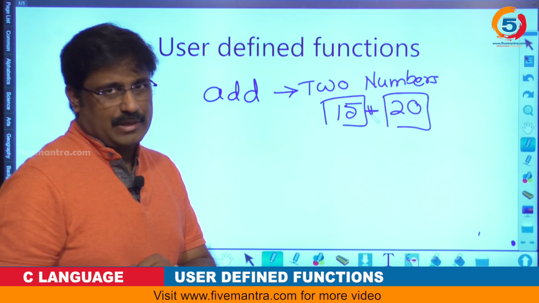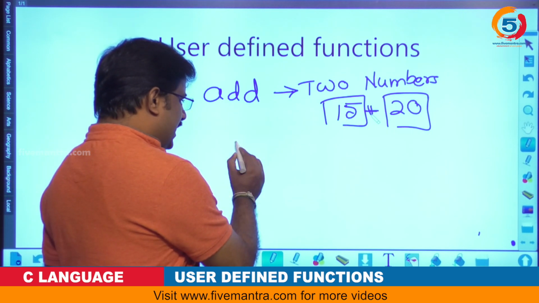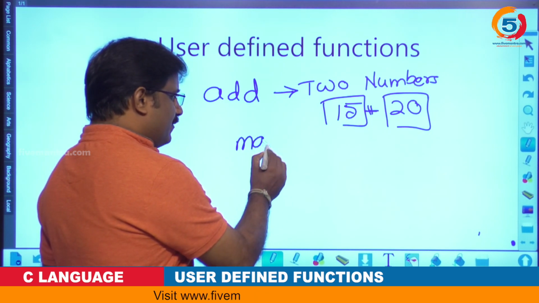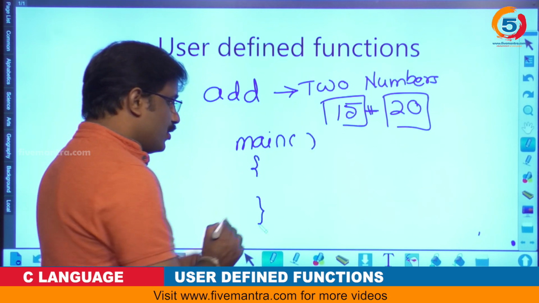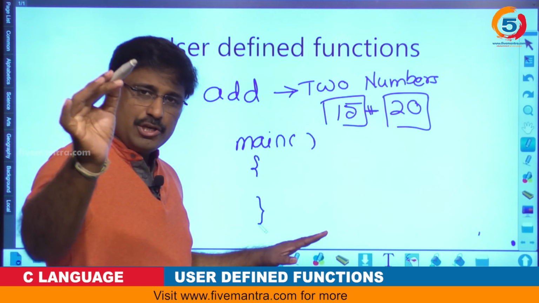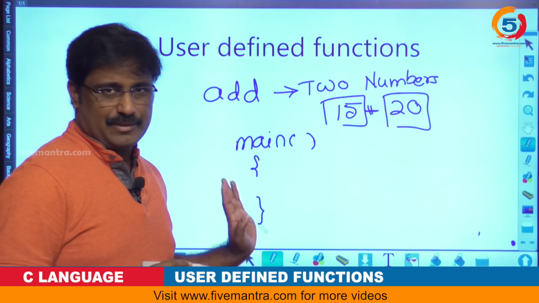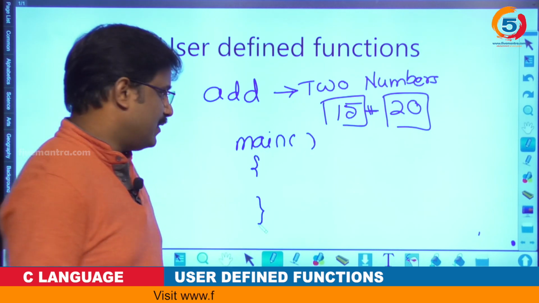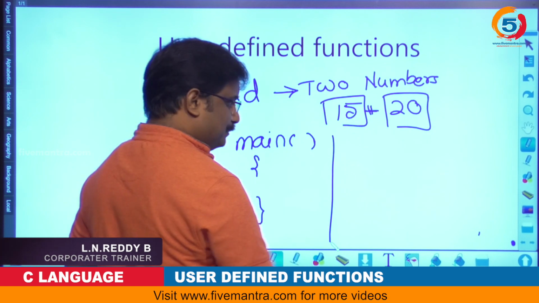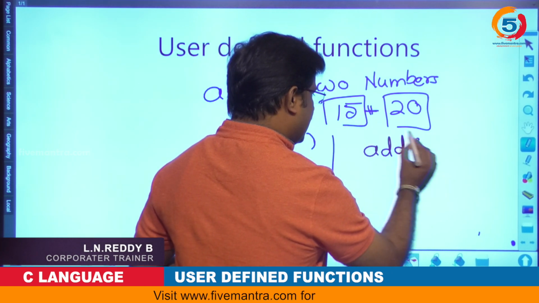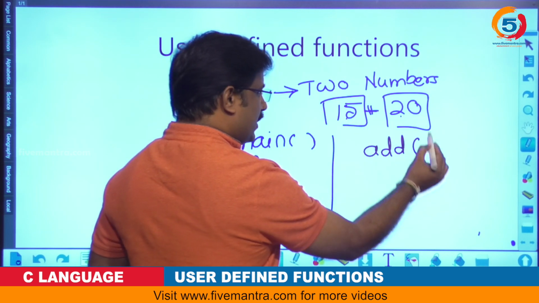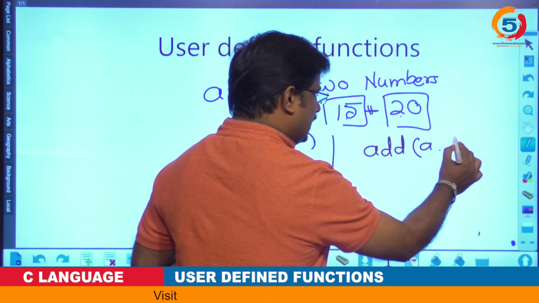So how to do this? You know the main function is already there. This is the main function, and you define it in this way. The same way you will define your function like addition, same as the main function. Here I'll define add, and here these are the two integers, a and b.